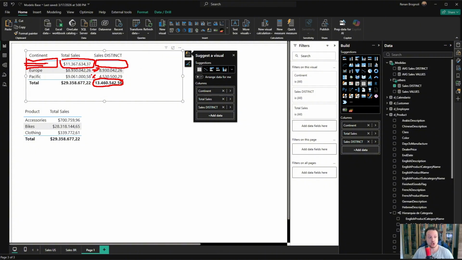So our total sales here is 30 million, where it is supposed to be 24 million, because here should be 11 million, 8 million, and who's the 4 million? The 11 shouldn't be excluded.